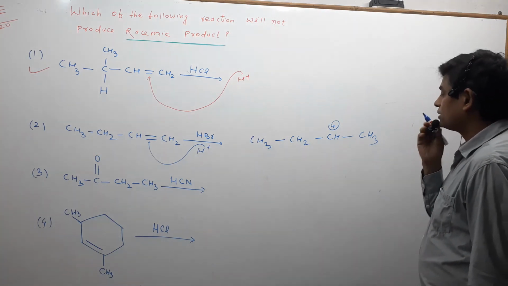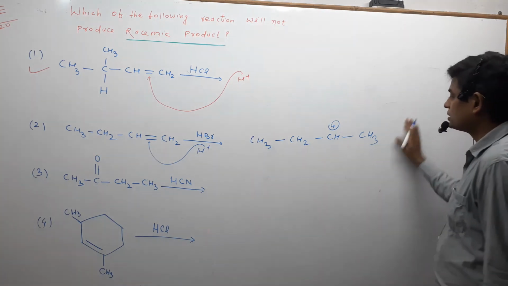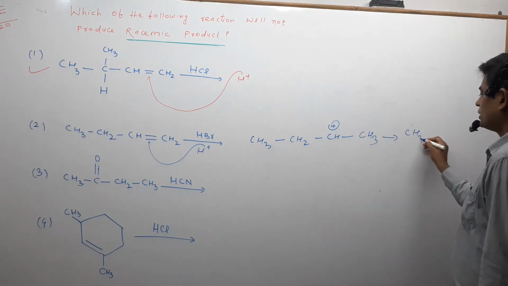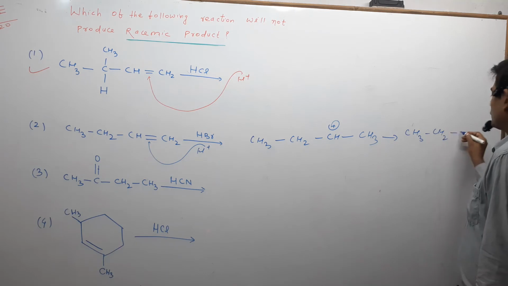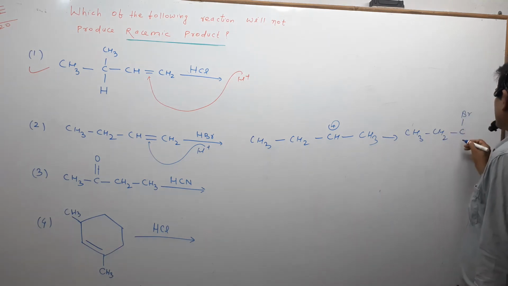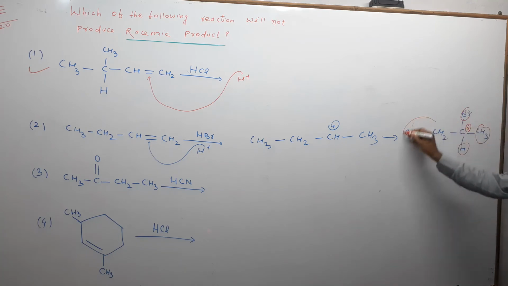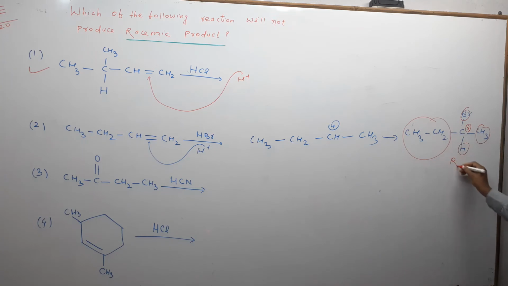So the product will form according to this intermediate, like this. Now we can see that here all 4 groups around this carbon are different, so this is a chiral carbon. So it forms R and S, that means it forms a racemic product.